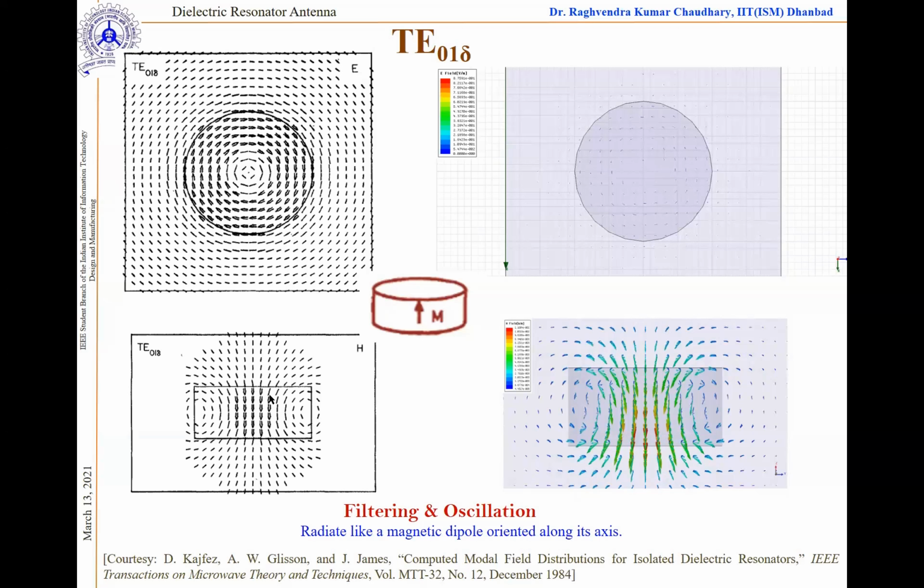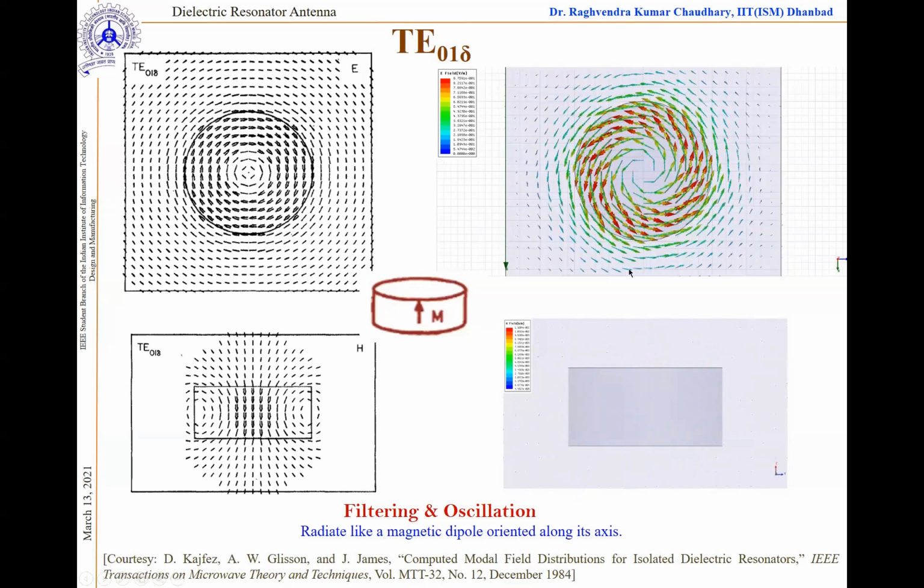At that time HFSS and CST were not there, so people were doing computational work, deriving equations and predicting the fields. Now the things are very easy.